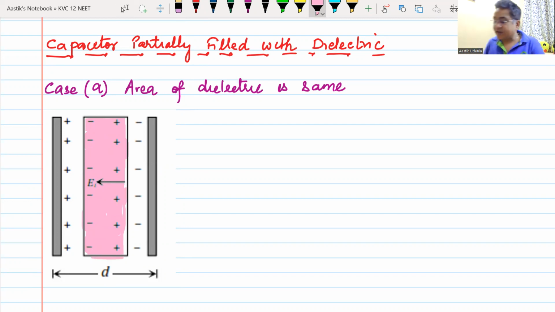Now this dielectric is not completely filling up the space. Let us say the dielectric constant is K and the thickness of the dielectric is T. The thickness of the dielectric would be given to you and the dielectric constant would be given to you.